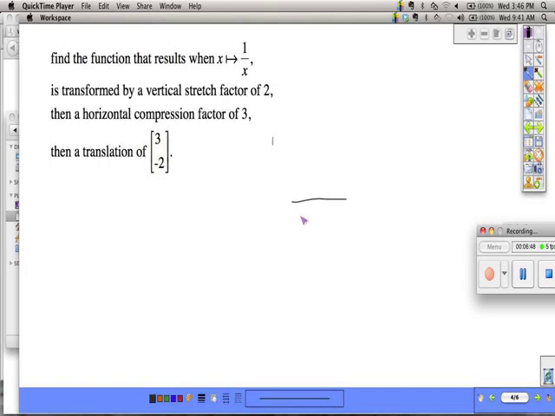So we start with the basic form, something over x. And now we have to look at the different pieces. We know that there is a vertical stretch of 2, so we're multiplying the parent function by a factor of 2 on the outside. So 2 times 1 over x will have 2 over x.